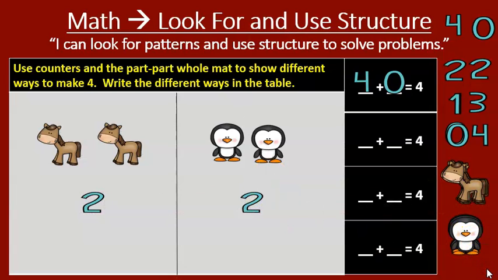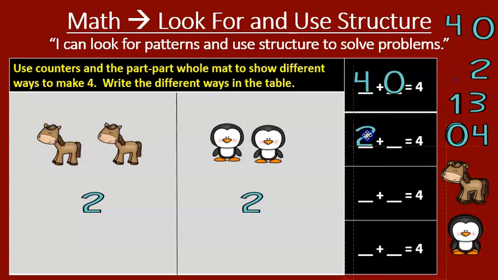Now boys and girls, we're done now with this second addition equation, okay? 2 plus 2 equals 4. And the way we can check that is now we count up all the horses and the penguins. Let's count to see if they equal 4. 1, 2, 3, 4. So it's complete. So 2 is here.